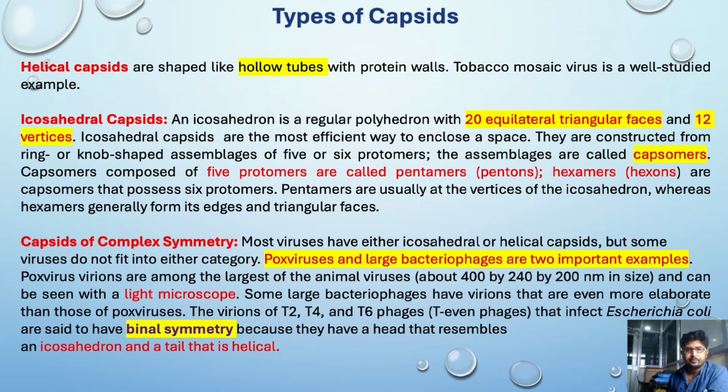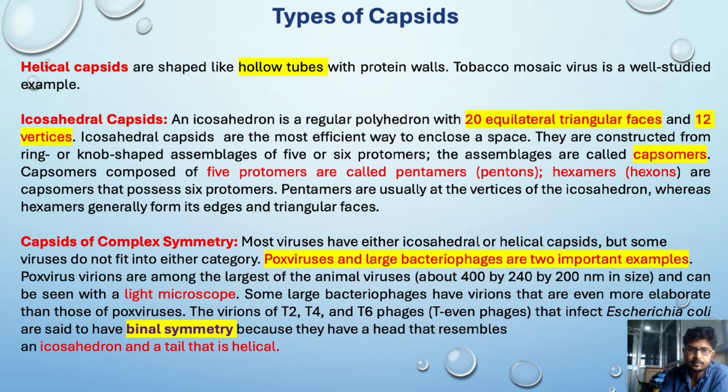Mostly three types of structure are present: helical capsids, icosahedral capsids and capsids with complex symmetry. Complex symmetry means the capsid does not completely follow either helical or icosahedral. In case of helical capsid, a hollow tube is present. I have shown you the picture of tobacco mosaic virus, and within that the genome is present.